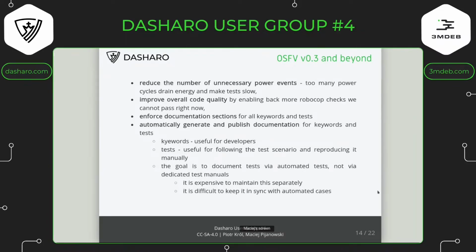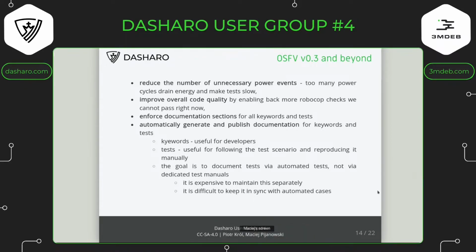Other possible improvements include reducing the number of power cycles, just to speed up the testing process if a power cycle is not needed, and improving the overall code quality. We can enable back some of the checks we have disabled for now, because we have so many errors or warnings reported by the Robocop tool that we just gave up on some of the checks.